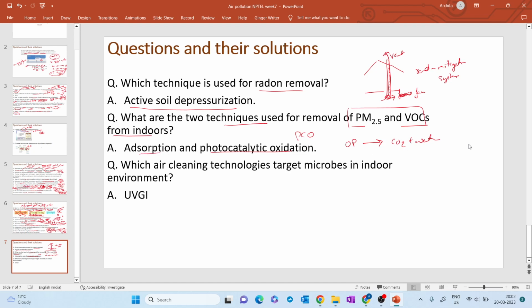Adsorption is generally done with the help of filters, and there are different types of filters, as I said in the previous slides: different MERV filters, and HEPA filters. Their efficiency changes depending on pore size and pleat size.